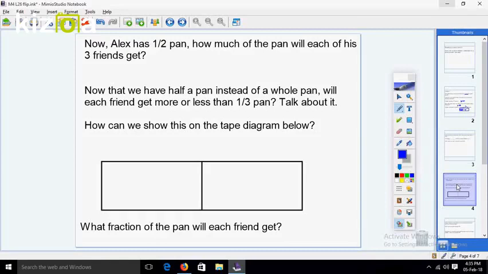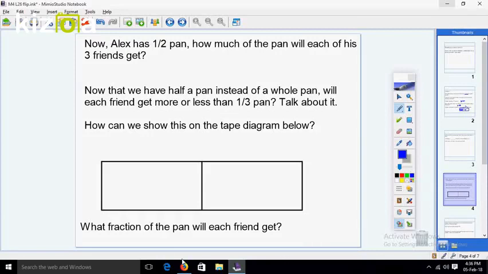Okay, so before we even start solving, I want you to think about this. Now that he only has a half a pan instead of a whole pan, will each friend get more than 1/3 of a pan or less than 1/3 of a pan? All right, so hopefully you were thinking they will get less than 1/3 of a pan, okay?